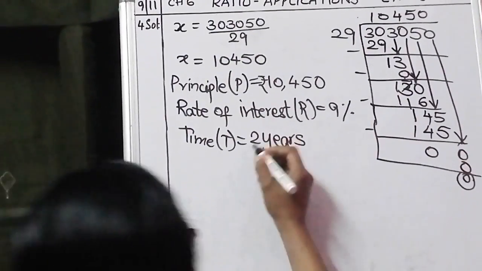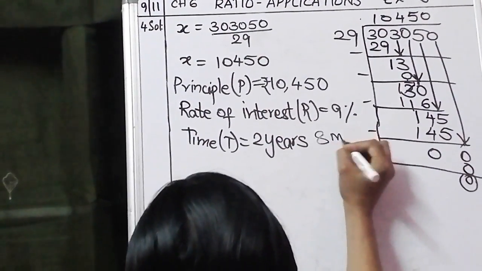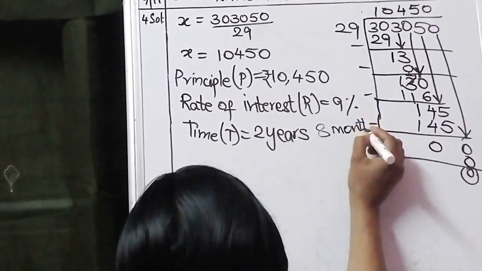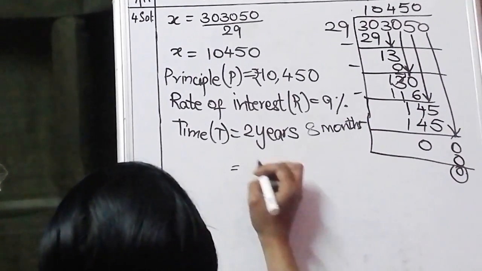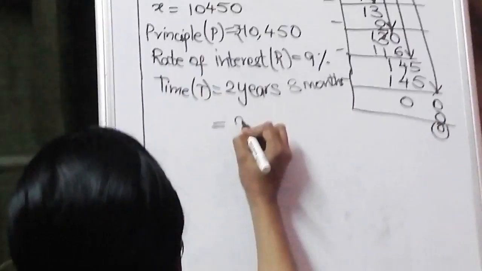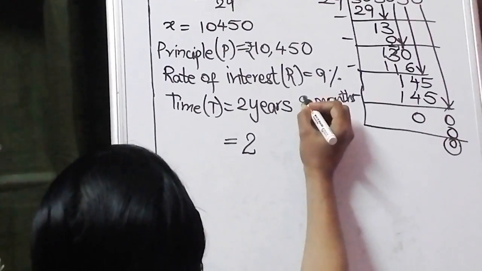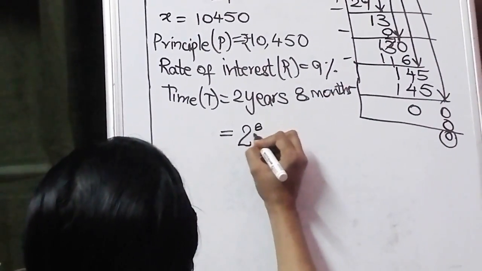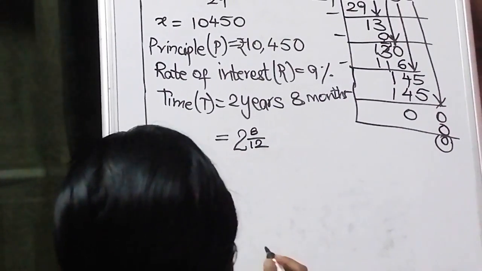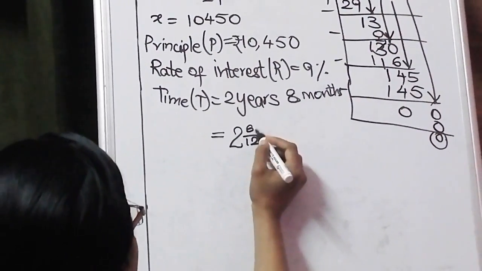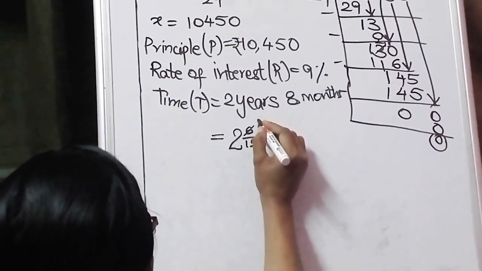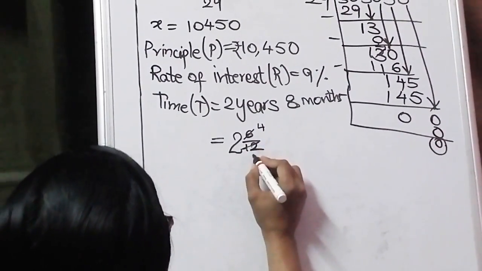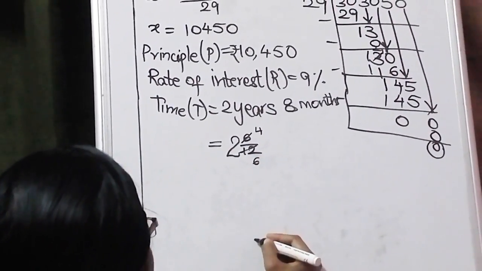Okay. So it's given as 2 years 8 months. So this is equal to 2 years 8 months. How many months are there in a year? 12. So it is 8 by 12. So you can see that both of them are divisible in two tables. 2 4s are 8, 2 6s are 12.